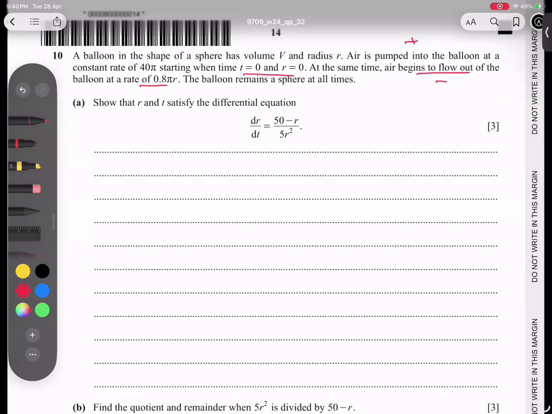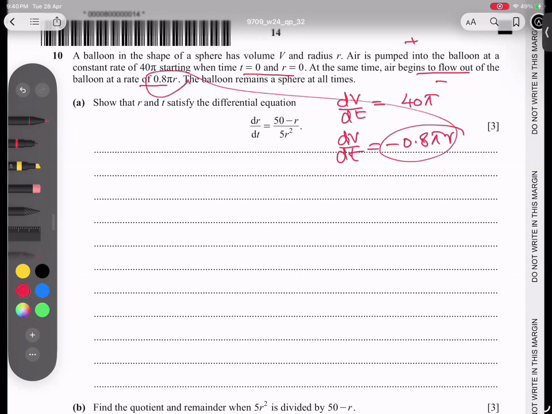First of all, we write dV by dt equals 40 pi, positive, and then dV by dt equals -0.8 pi r. I have taken it from here, flow out, that is why. I'm going to combine them.